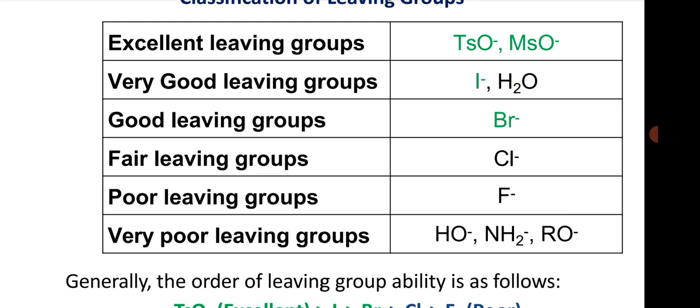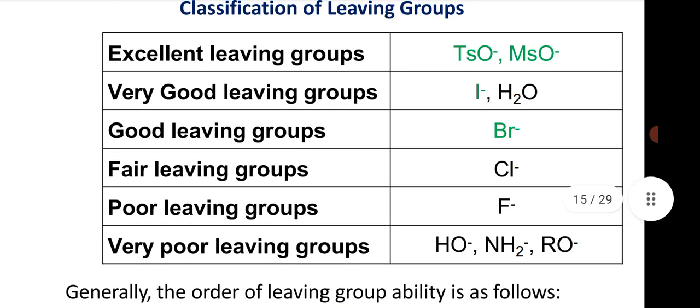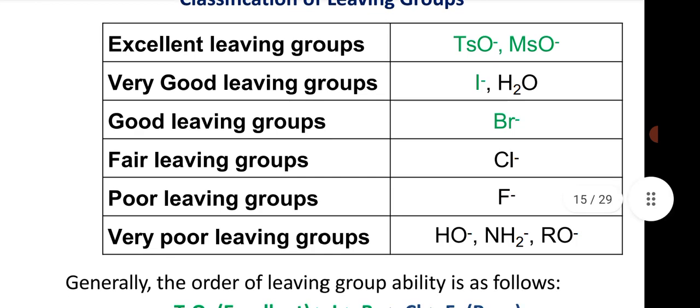And here I will mention that fluorine is a very poor leaving group because of its very small size and because of its high electronegativity. It will bind with the substrate with more power, a strong bond, because it has a high electronegativity difference, and its conjugate base, F negative, is not stable.